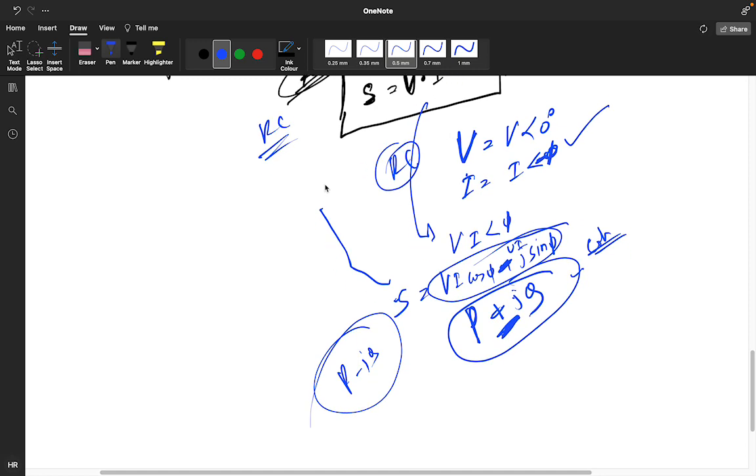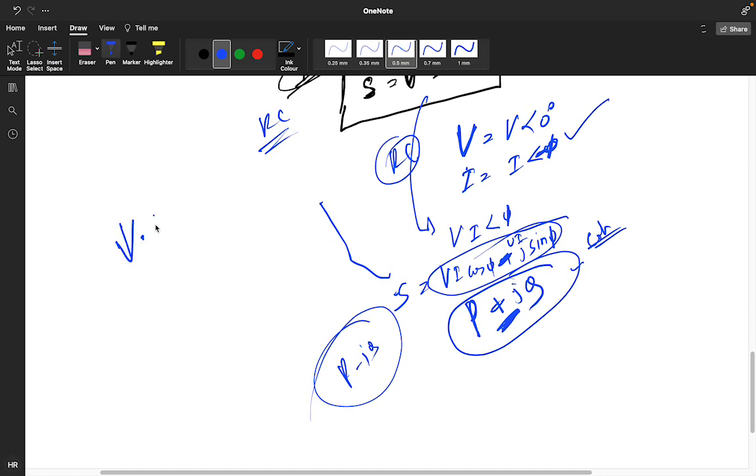So for finding the apparent power, you just have to do V into I conjugate.